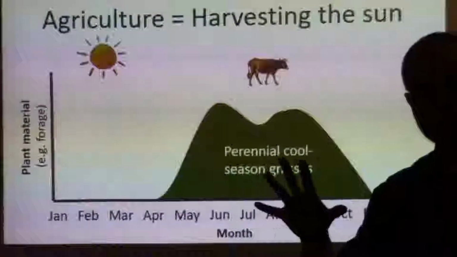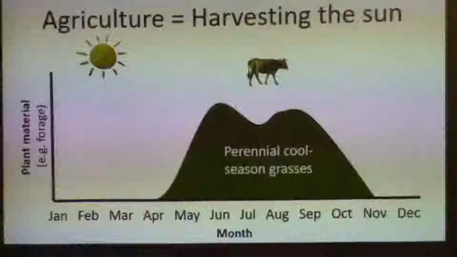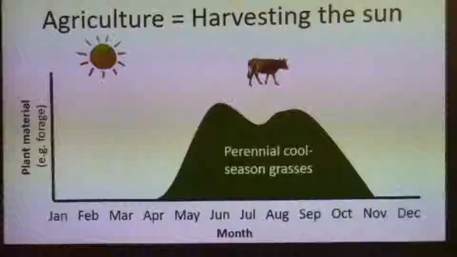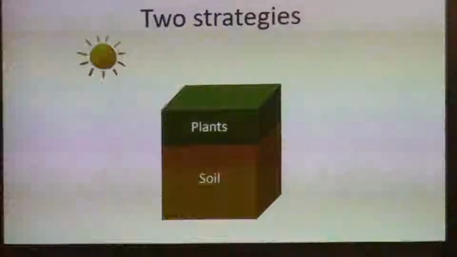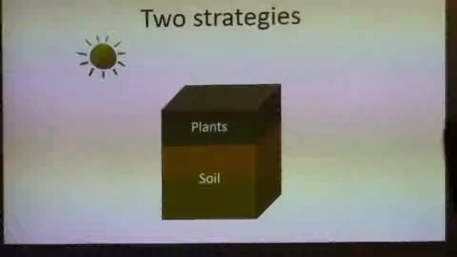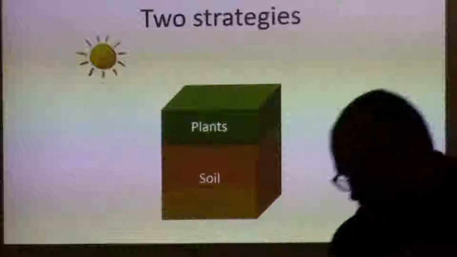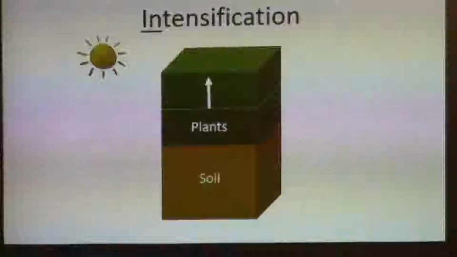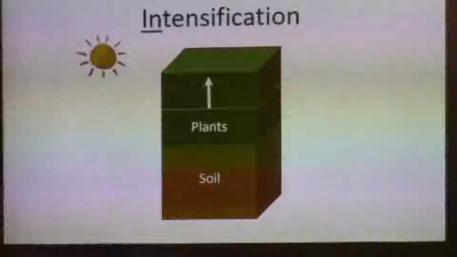And there's really two broad strategies to grow more plants, right? To harvest more of the sun's energy and plant material. The first broad strategy is to grow more plants on the same area of land, right?